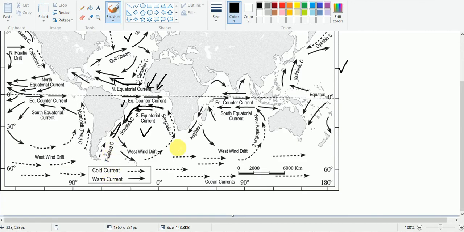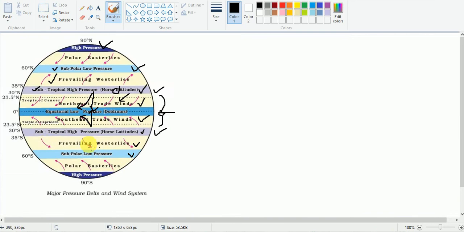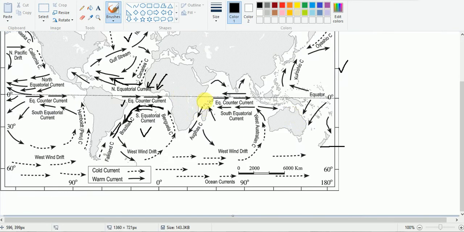And when it reaches around 30 to 60 degree here, just see this diagram, when the ocean currents reach here around this 35 to 60, again it is dragged by the westerlies. It is again turned to the left.